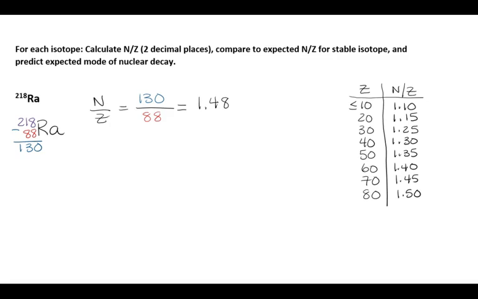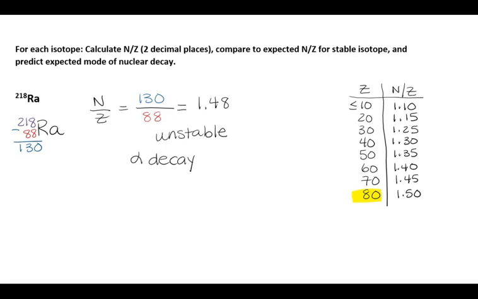Now, if we take a look at our table here that shows us the approximate stable N to Z's, we're reminded that the chart, or this guideline, stops at Z equals 80. That's because all isotopes greater than Z equals 82 are unstable. So this isotope is unstable, and those higher Z isotopes, greater than 82, tend to decay by alpha decay.